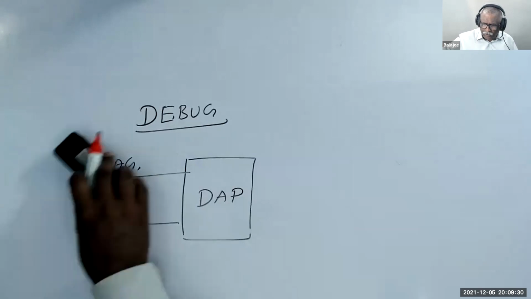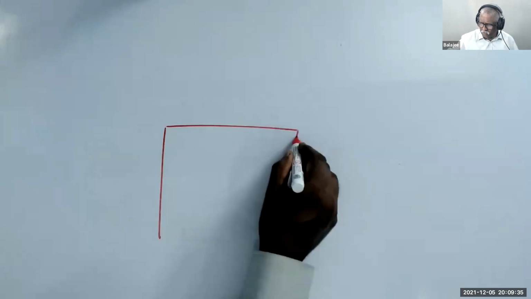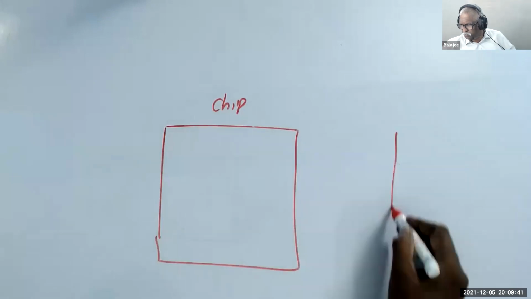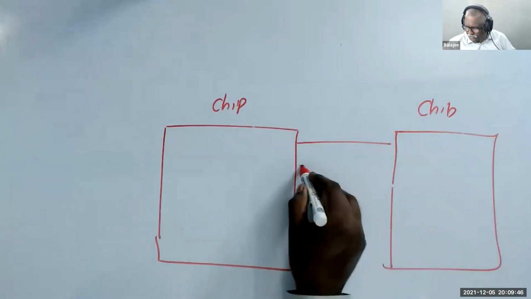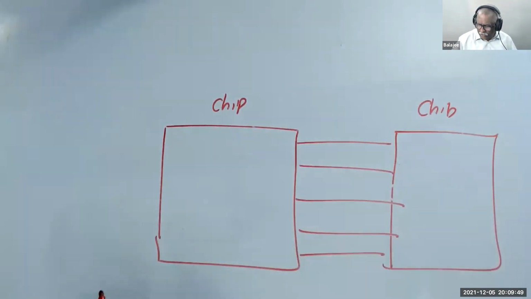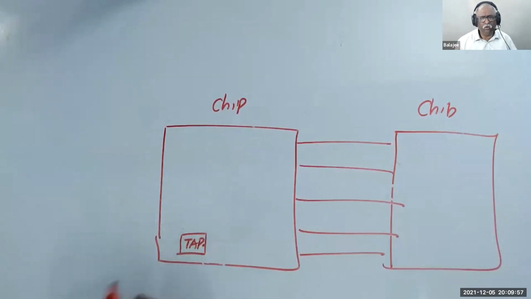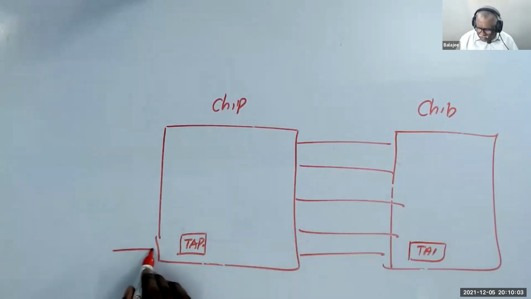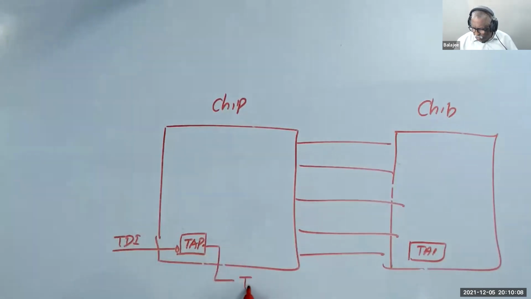For example, if you take a chip, JTAG is for two purposes. One purpose is very simple. I have a chip, and I have one more chip, and I connect them in a circuit. Here I have a test access point controller. From here I give a signal called TDI, and a signal goes out on TDO.